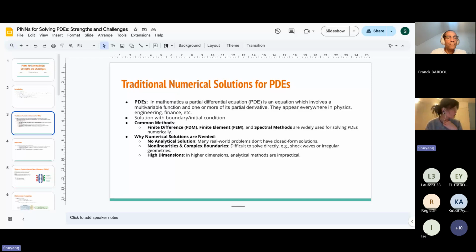And we are always interested in boundary or initial conditions. It means that you can measure the function at the initial time or its value on the boundary.